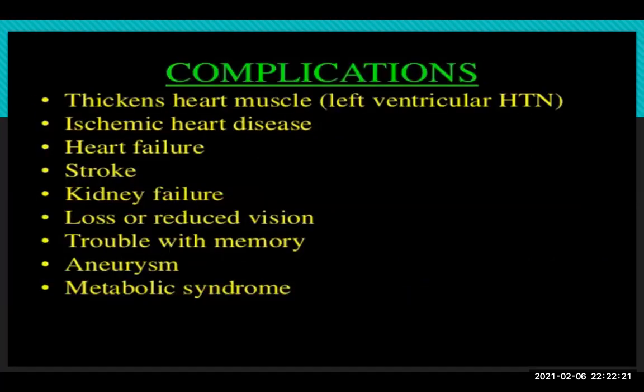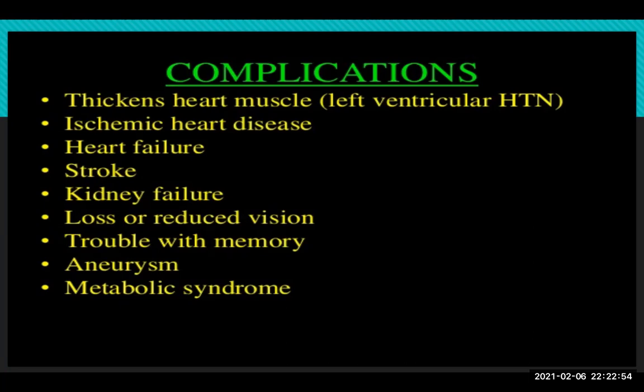Complications of hypertension: it thickens the heart muscle. This occurs with time, leading to left ventricular hypertrophy, ischemic heart disease, heart failure at the end, stroke, kidney failure, loss of or reduced vision, trouble with memory, and raised metabolic syndrome.